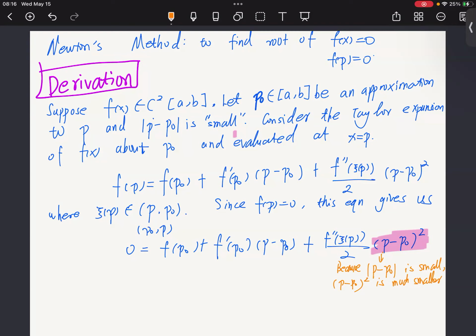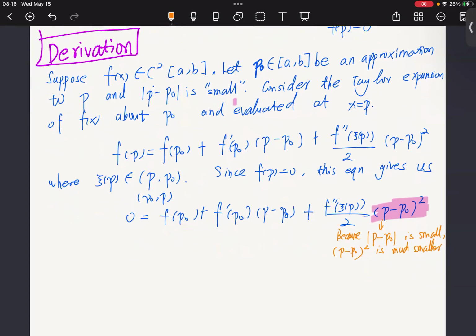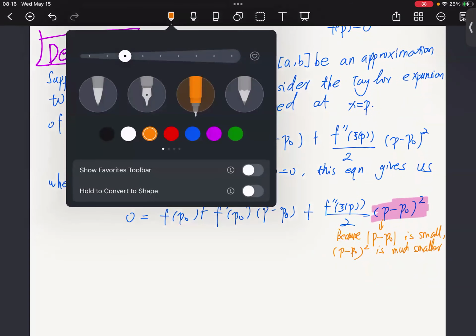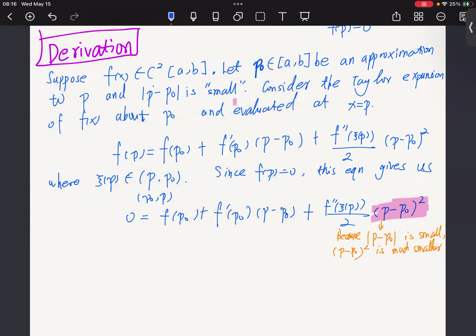So we expect this term to have a much smaller magnitude. So we are going to write down the approximation this way: 0 is approximately equal to f(p0) plus f prime(p0) times (p minus p0).